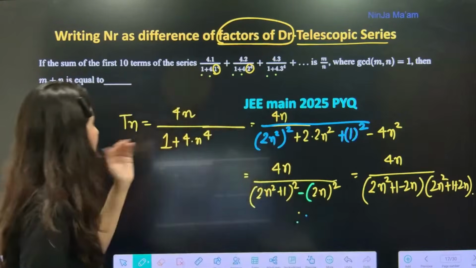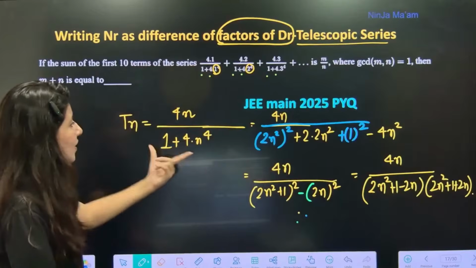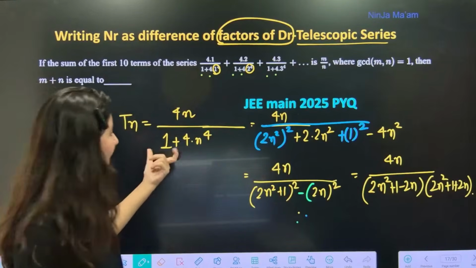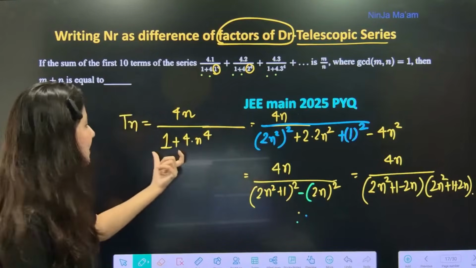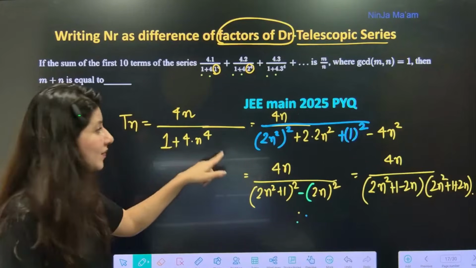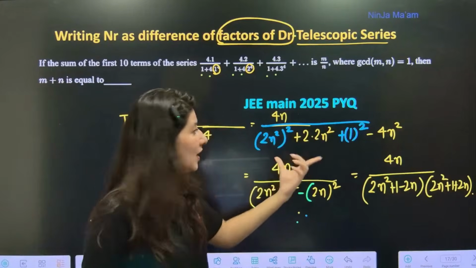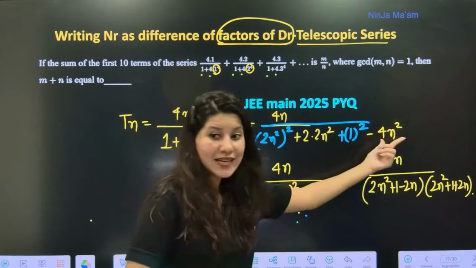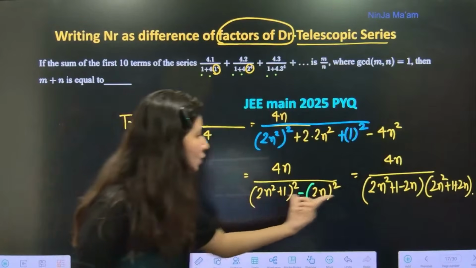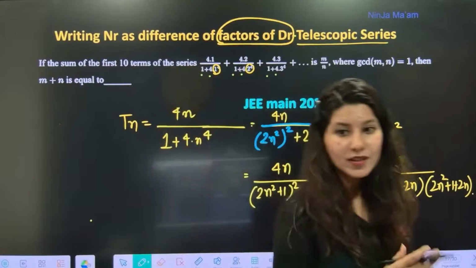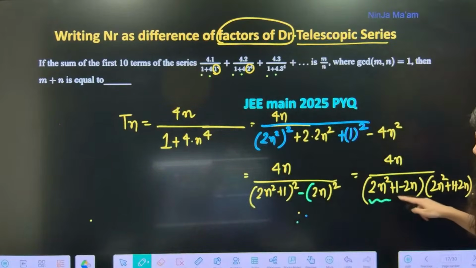This time, we have generated the general term and tried to factorize it. How? By adding something and subtracting something in such a way that this also becomes a square, minus this also a square, and eventually a square minus b square. So you have got the factors in the denominator.